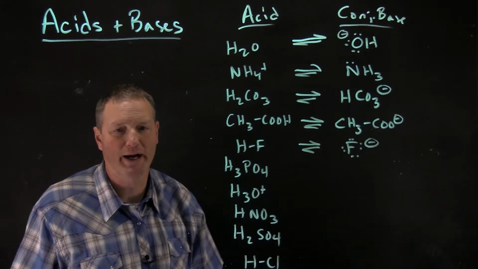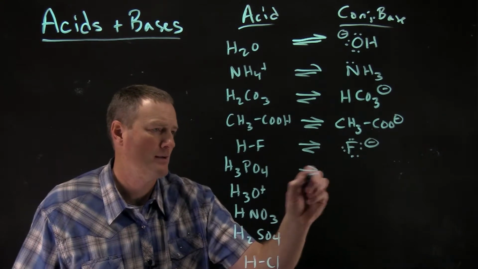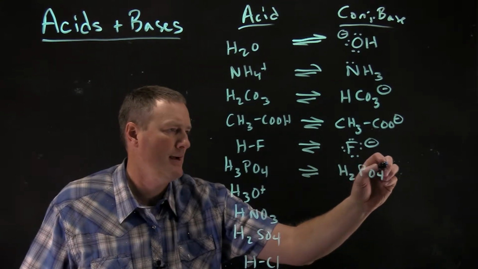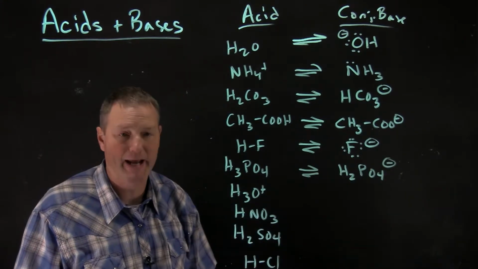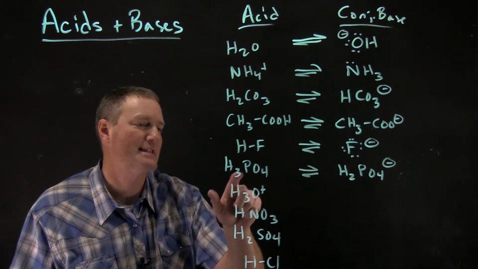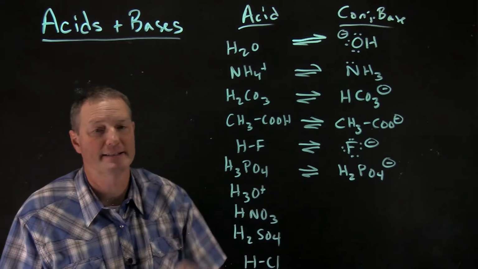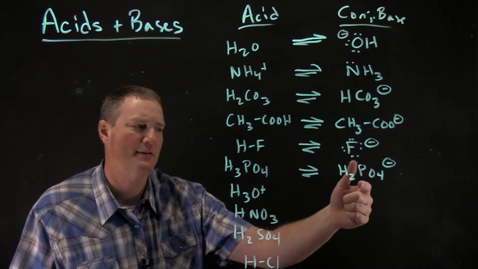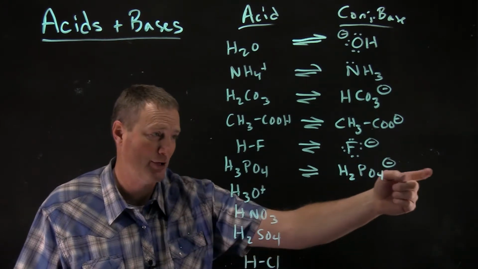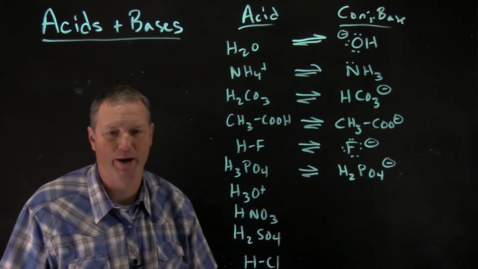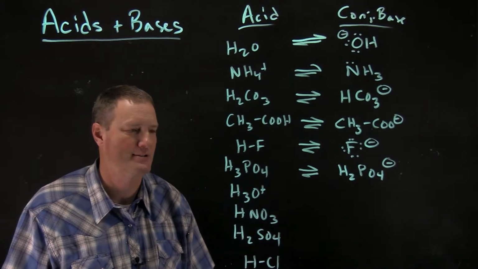Next, we have phosphoric acid, H3PO4. This would be the dihydrogen phosphate anion. Notice in this particular case, this has three potentially acidic protons. I'm just showing if one of those comes off. It turns out this is a polyprotic acid that could lose an additional two protons. We won't go into that quite yet. That'll be later in other sections.